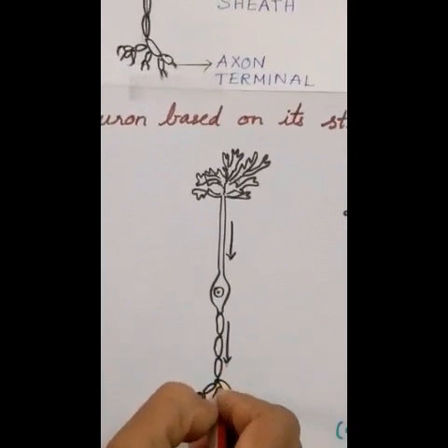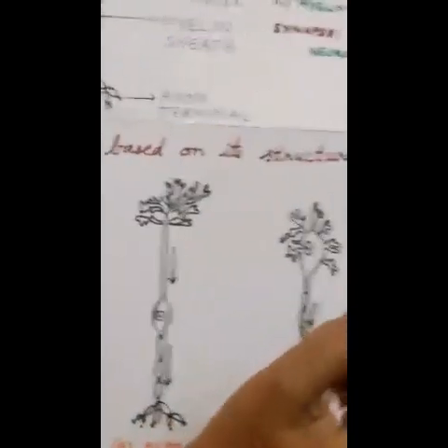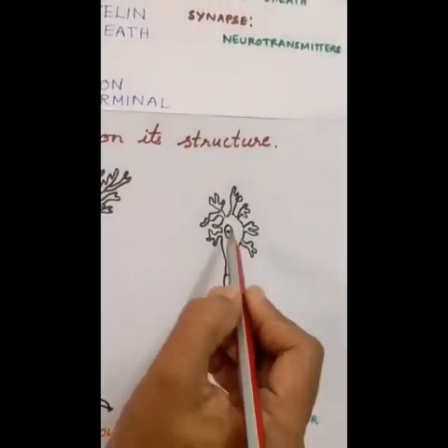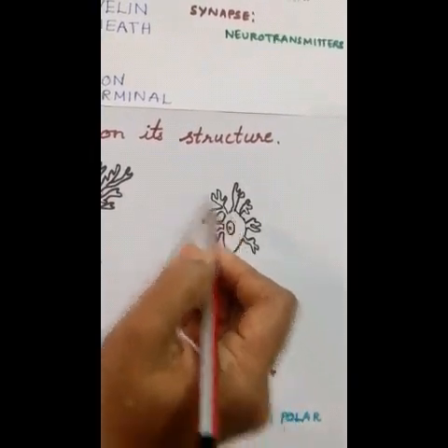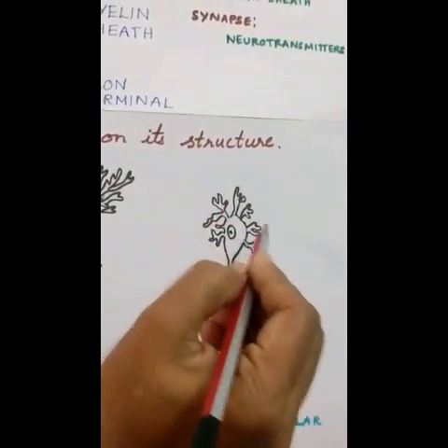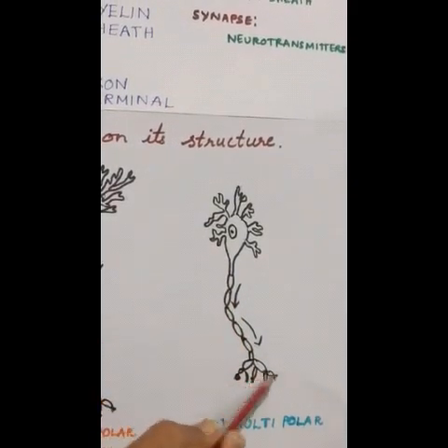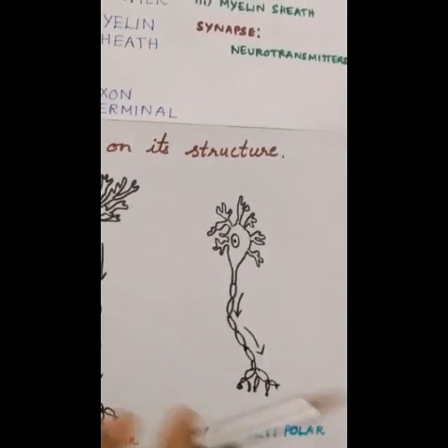One acts as an axon and another acts as a dendron. In the multipolar neuron, from the cyton many dendrons and one axon arise. So this is called multipolar neuron.